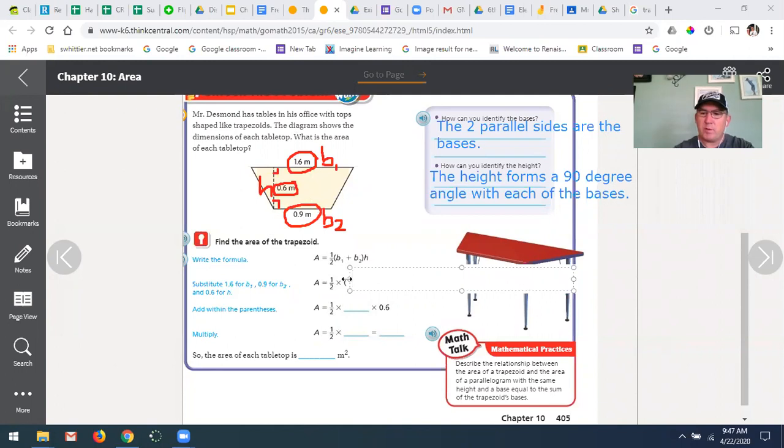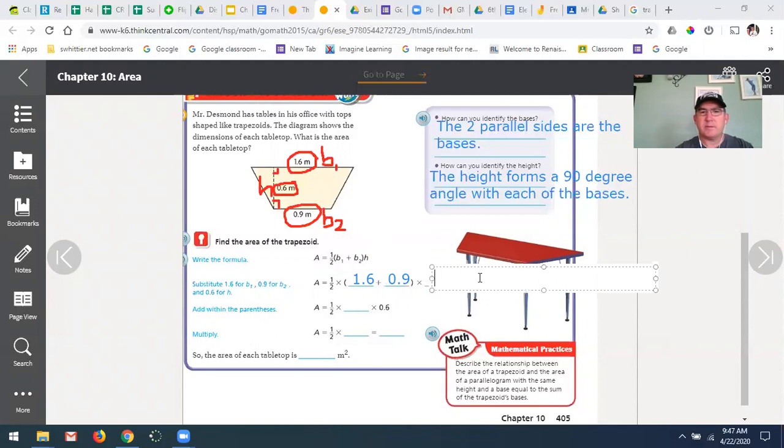So we have 1 and 6/10 plus 0 and 9/10 times our height.